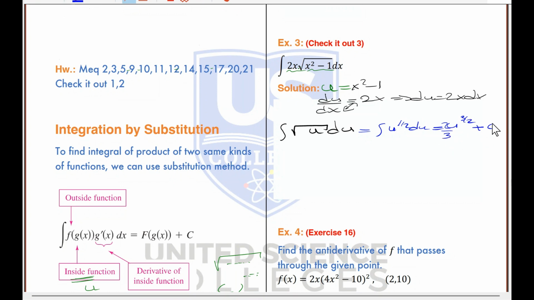So I am done taking the integral. After I am done, I will do back substitution, meaning I will put the function that I called u back. I picked x squared minus 1 for u, so I will put this back. No more u now. Let's put x back.